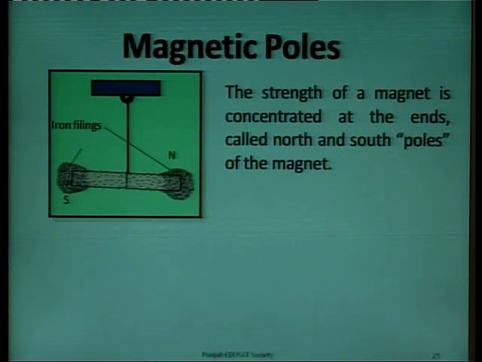Then we are having the magnetic poles. The strength of a magnet is concentrated at the ends, which are called the north and south poles of the magnet.